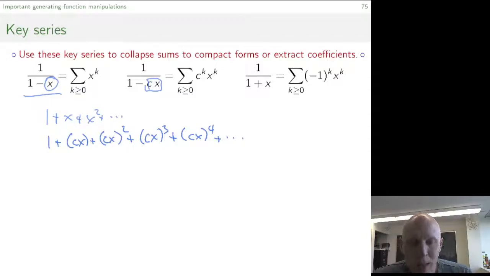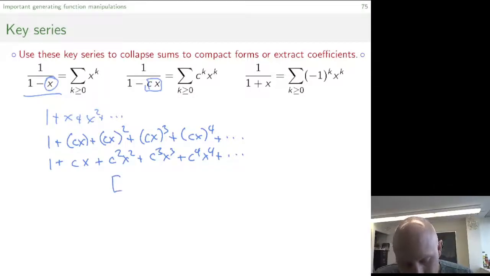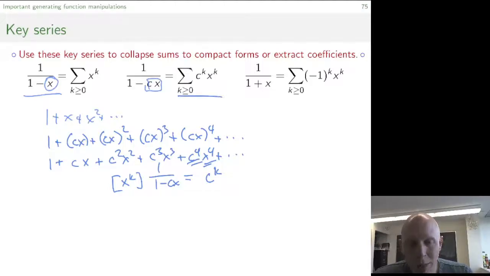And if we expand each of those terms, then what we'll see is we get 1 plus cx plus c squared x squared plus c cubed x cubed plus c to the fourth x to the fourth plus dot dot dot. And so what this means is that the coefficient of x to the k of 1 over 1 minus cx is going to be c to the k. The coefficient of x to the fourth is equal to c to the fourth. So that's what this sum looks like.